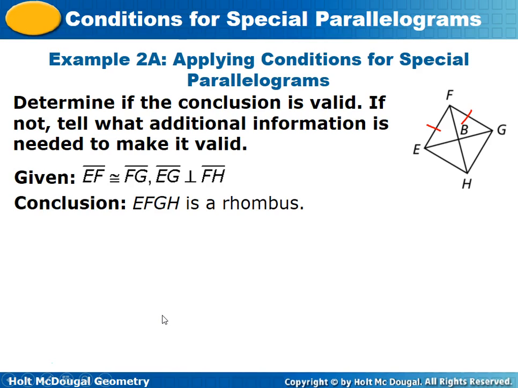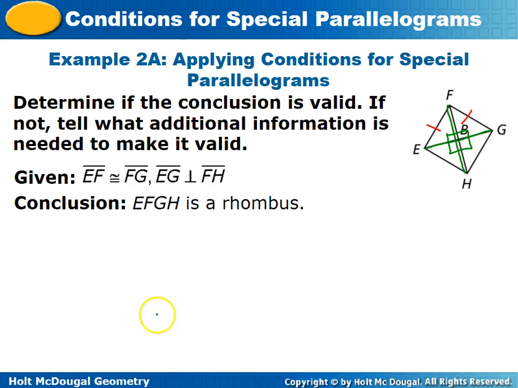Then the other piece of information given to us here is that EG is perpendicular to FH. Well, EG is this diagonal and FH is this diagonal, and it's telling us that they are perpendicular. So that means all four of those angles in there would be right angles. Again, the fact that those are right angles and I have one pair of consecutive sides that is congruent doesn't give me enough information.